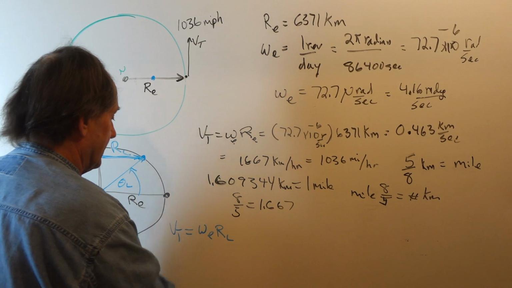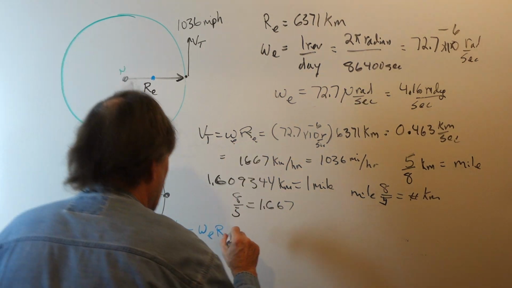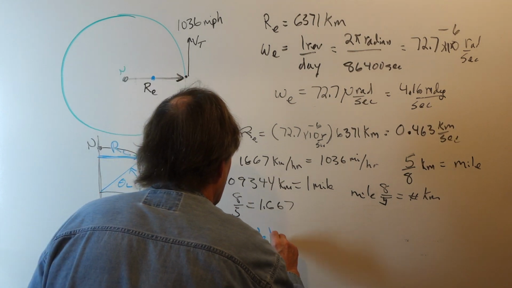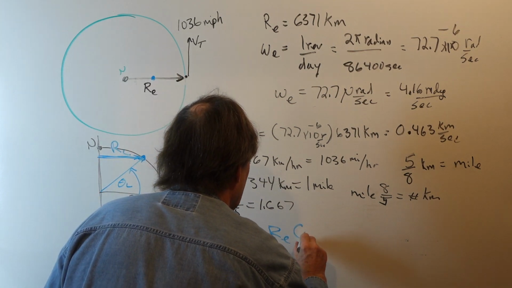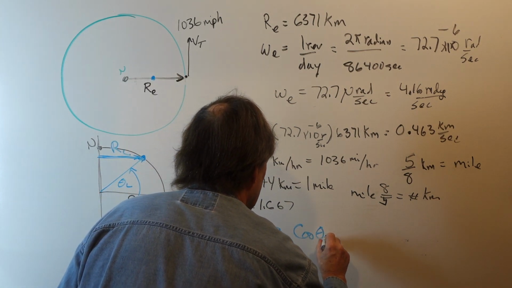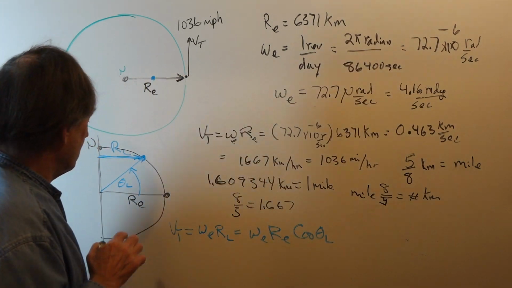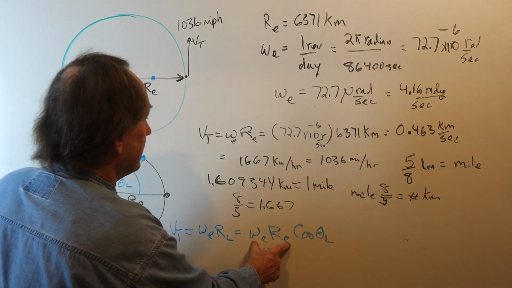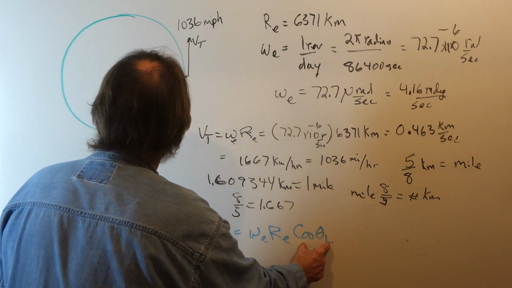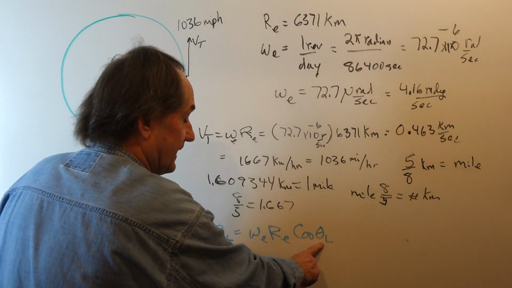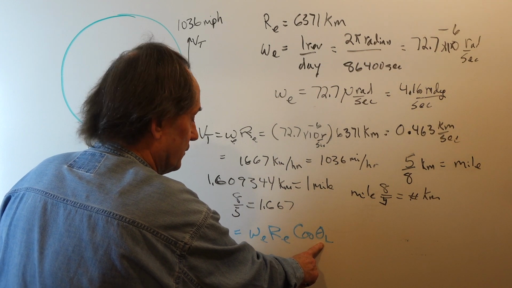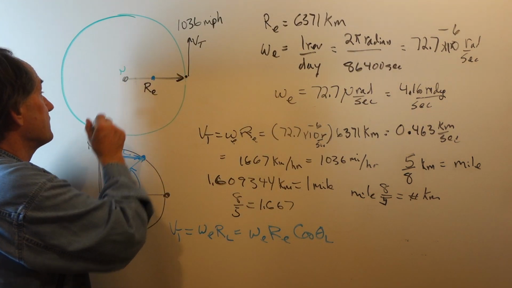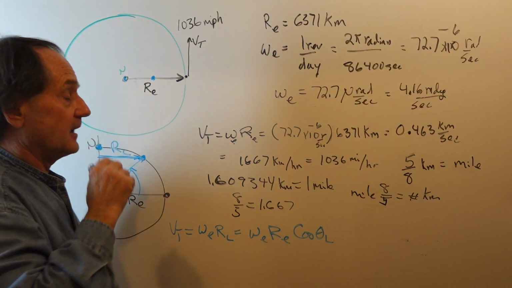That's the latitude radius, and it's related to the radius of the Earth at the equator by the cosine of theta L. So when theta L is 0 latitude, cosine of 0 is 1, we get this value. Up at the North Pole, theta L is 90 degrees, cosine of 90 is 0, so there is no tangential velocity for someone sitting on the Earth at the North Pole.